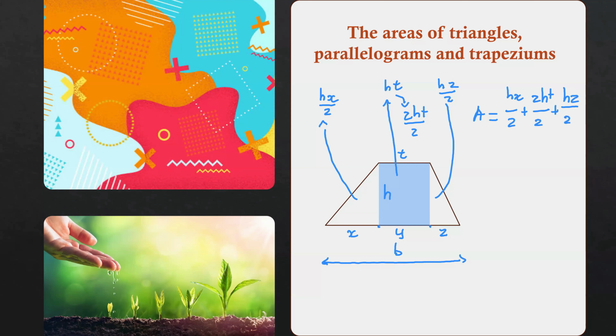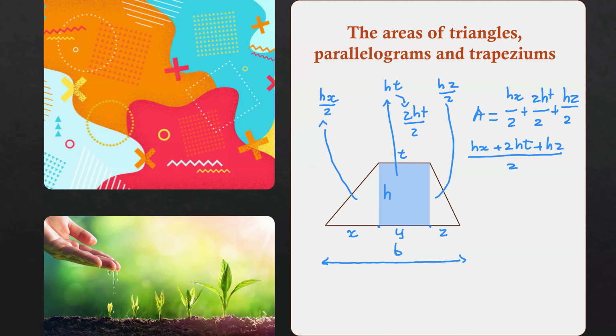Now that is going to be equal to hx plus 2ht plus hz, all over 2. Now, you can start paying attention to the fact that x, y, and z added together give you the base.